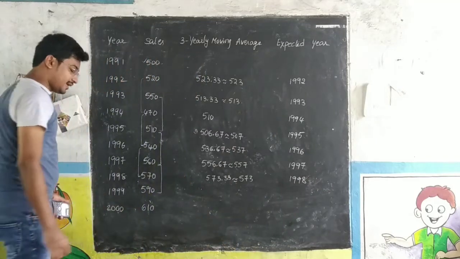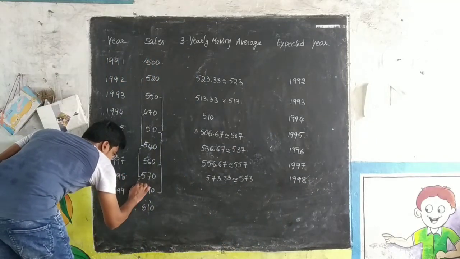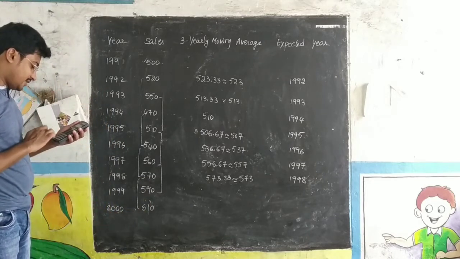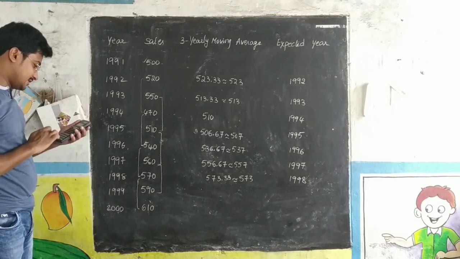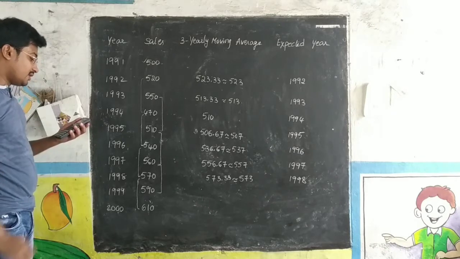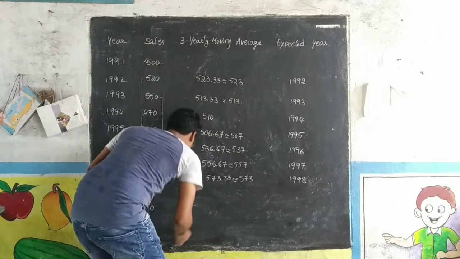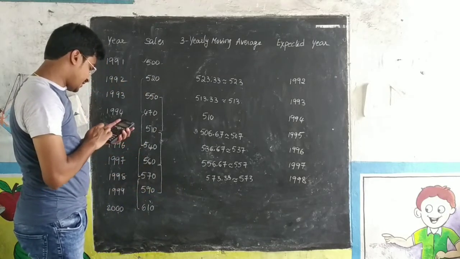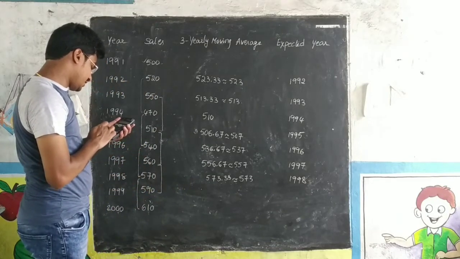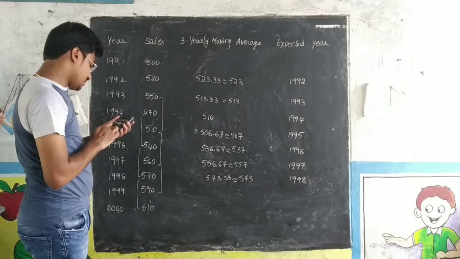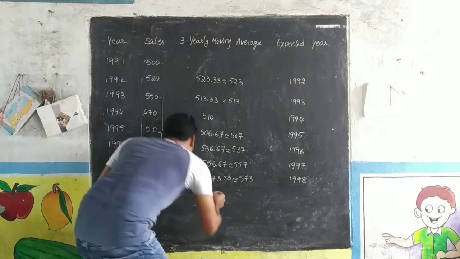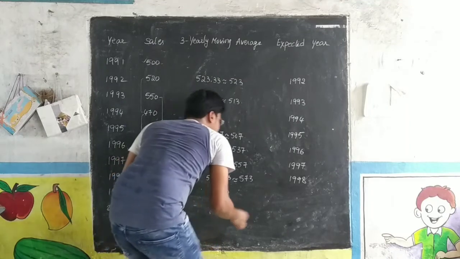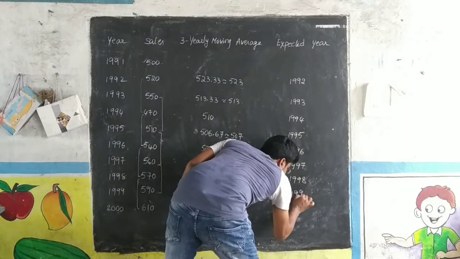Next, the average of 3 years sales: 570 plus 590 plus 610 divided by 3. The average value is 590. The expected year is 1999.